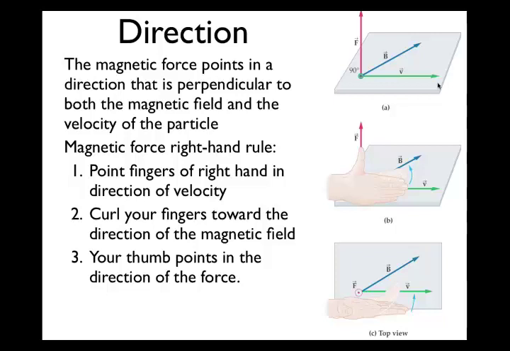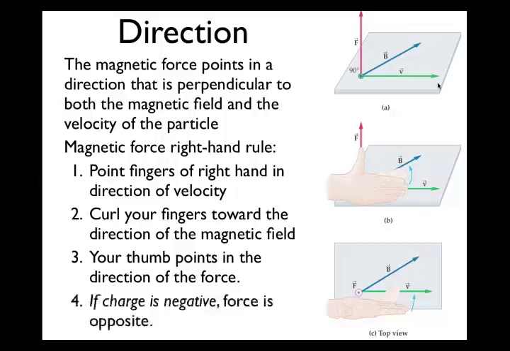Some places say you point your index finger in the direction of the velocity, you point your middle finger in the direction of the magnetic field, and then your thumb is left pointing in the force direction. So this one is obviously one approach. I would encourage you to also read in the textbook and or Google magnetic force right-hand rule and see which way that somebody talks about it makes the most sense to you.